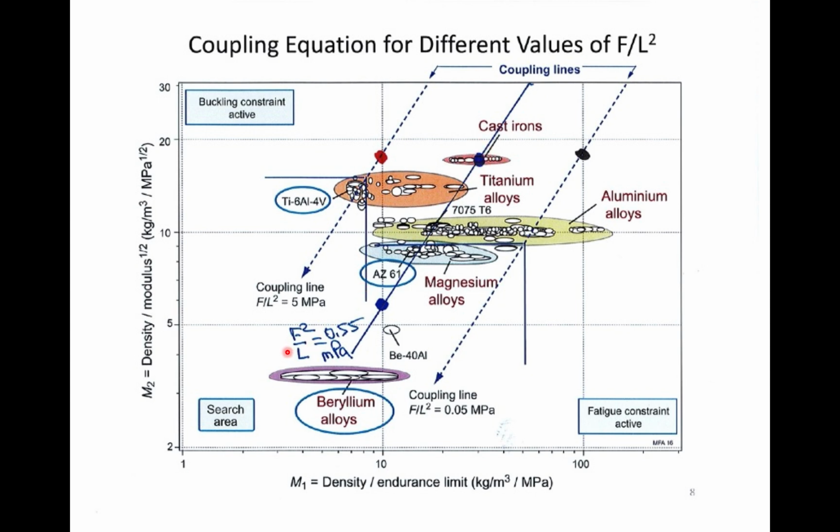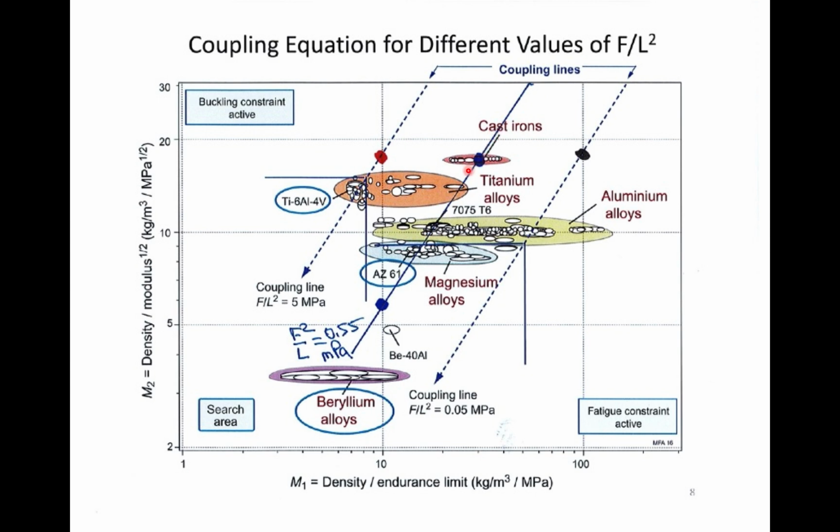It's F squared over L. I'm sorry, that should be F over L squared, would be equal to 0.55 megapascal. So if we're spanning 2 orders of magnitude from 0.05 to 5, we have 0.55 in between. But the thing is, this coupling line tells me about the loading conditions that I'm going to be expecting when I'm using cast iron.